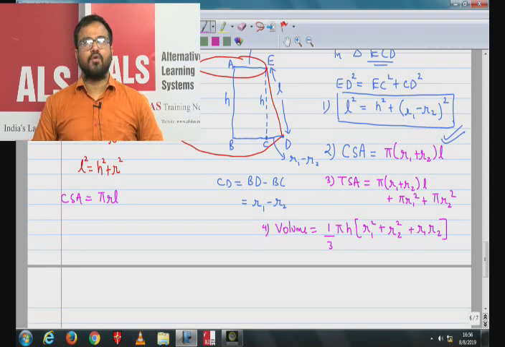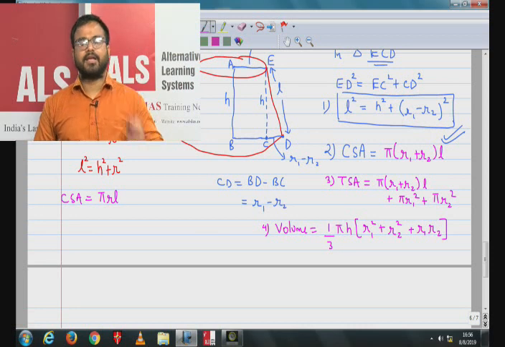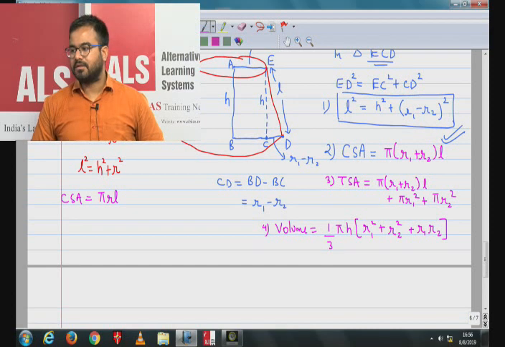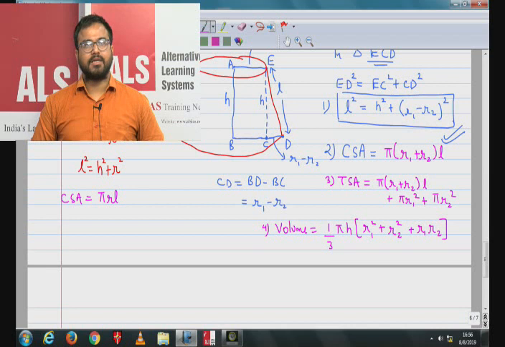Only these four things are there, which you have to remember: the relationship between L, H and R, CSA (curved surface area), TSA (total surface area), and the last one is the volume.